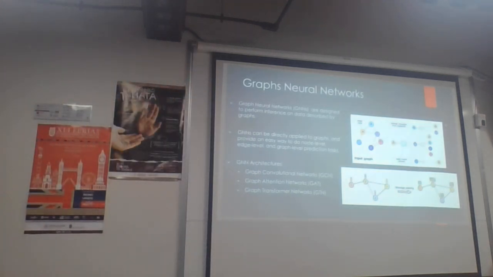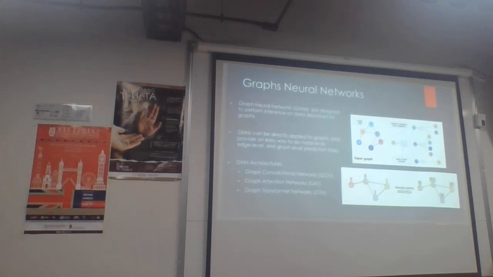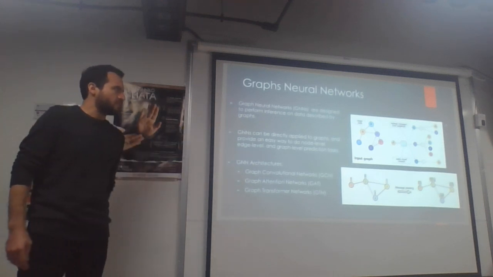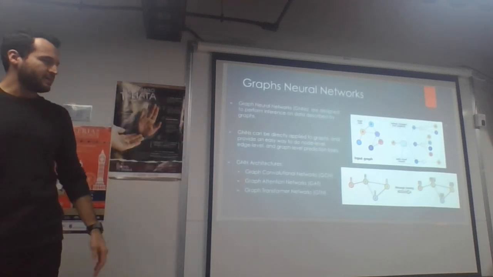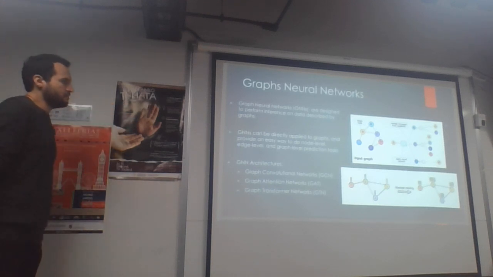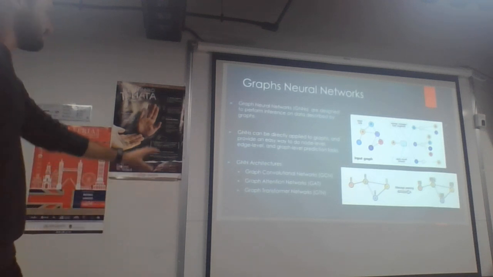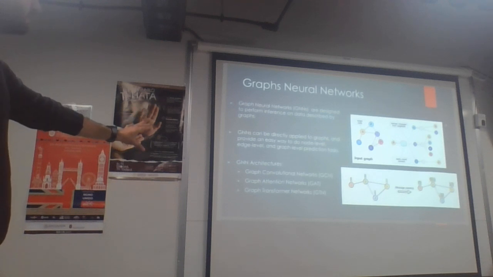So why and how do we use this graph? Mainly we use it in conjunction with graph neural networks. These GNNs are designed to perform inference on data described by graph structures. And a GNN can be directly applied to a graph and provides an easy way to do node, edge, or graph label prediction tasks. These are the most popular GNN architectures nowadays.